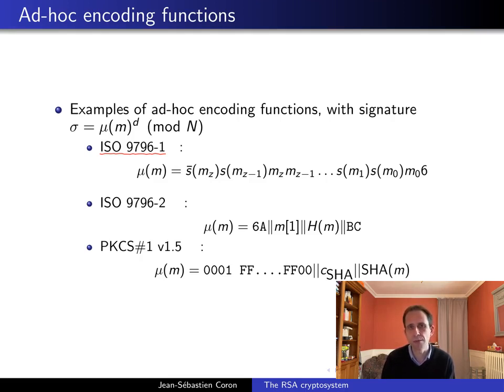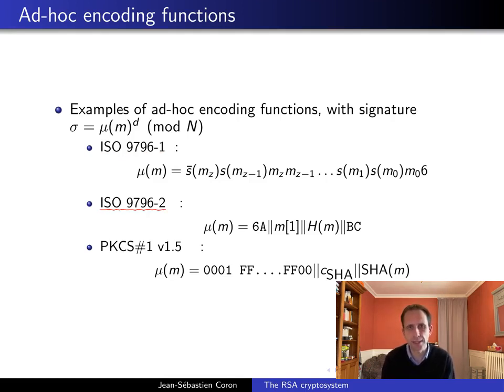So this means that when we verify the signature, since the message m is embedded inside mu of m, we can recover the message when verifying the signature. We don't have to transmit the message separately.